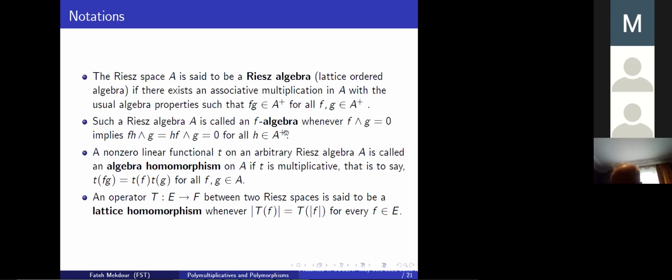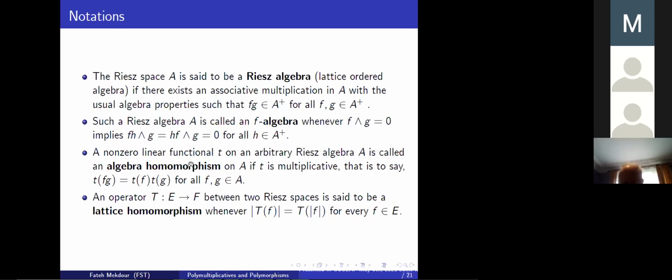The real space A is said to be a real algebra or lattice ordered algebra if there exists an associated multiplication in A with the usual algebra properties such that the product of positive elements belongs to the positive cone of A. Such a real algebra A is called an F-algebra whenever disjoint elements f and g imply that the product fh and g are disjoint, and also that the products hf and g are disjoint, for all h in the positive cone of A.